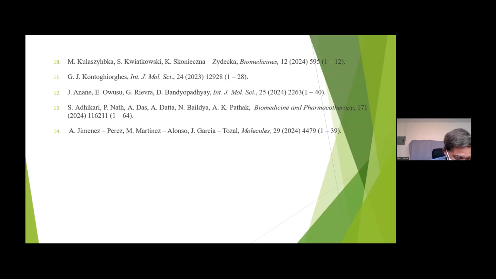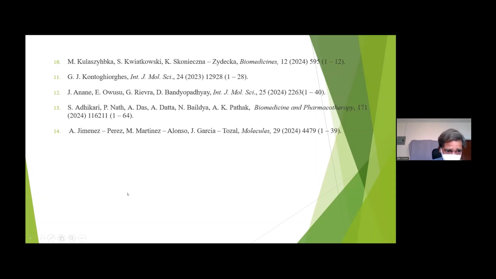Number 10, Kulajenska et al., Biomedicines 2024. Number 11, Contour Girish, International Journal of Molecular Sciences 2023. Number 12, Anand, International Journal of Molecular Sciences 2024. Number 13, Achkari et al., Biomedicine and Pharmacotherapy 2024.